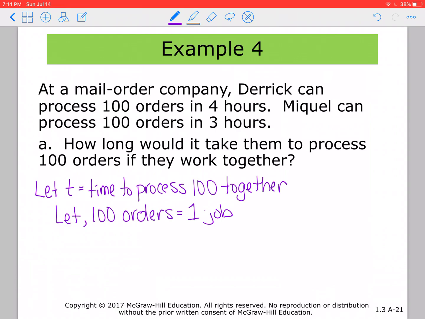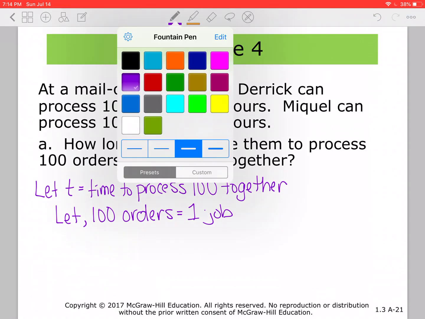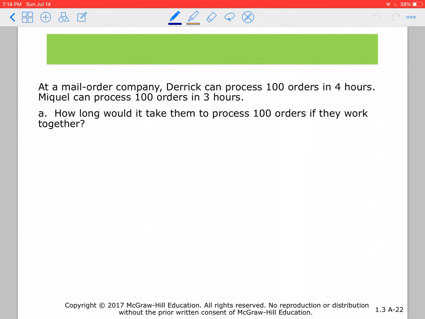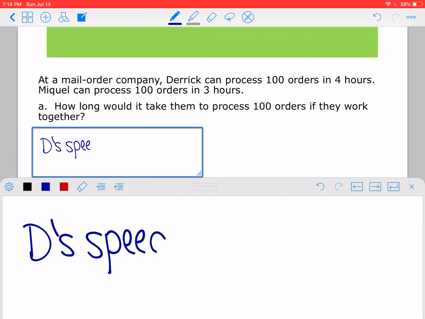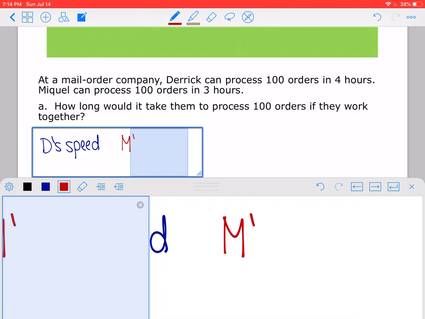Okay, so what we need to do is take Derek's speed and add it to Miguel's speed.